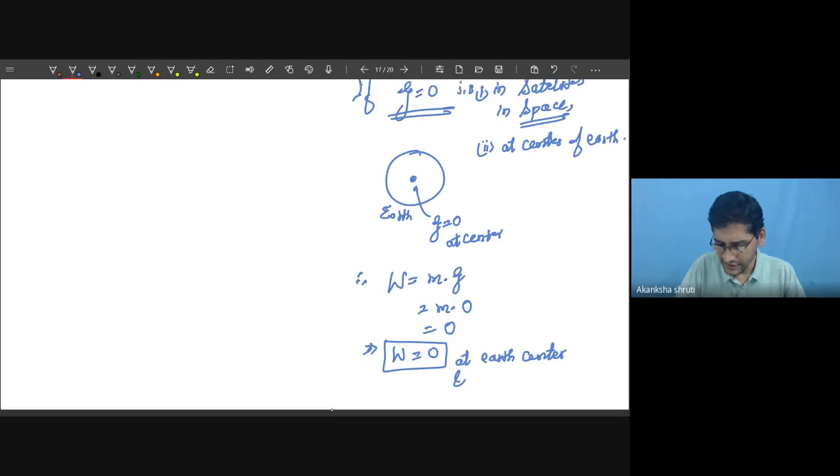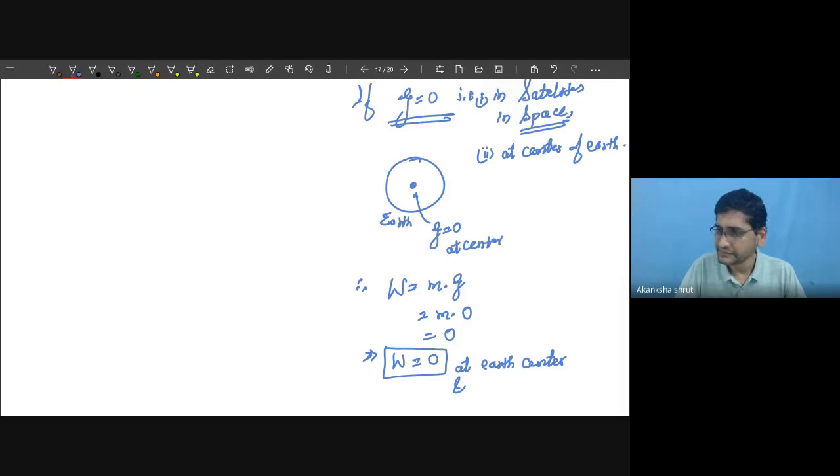And the other situation is in satellites. So weight can be 0, but mass can never be 0, student. So write down the point.